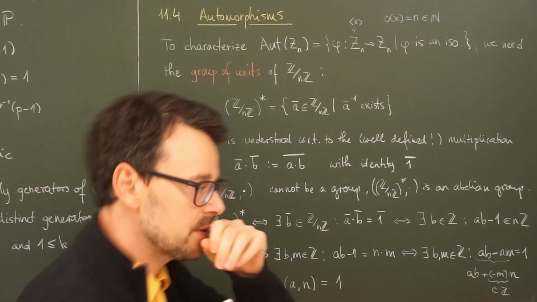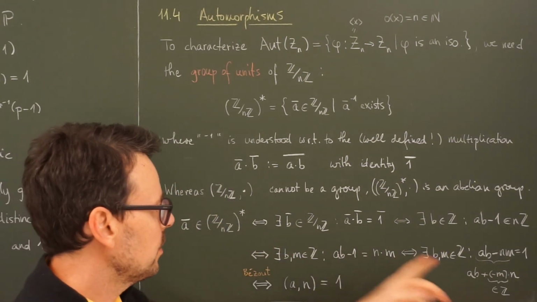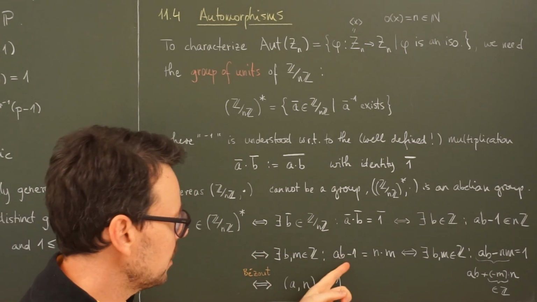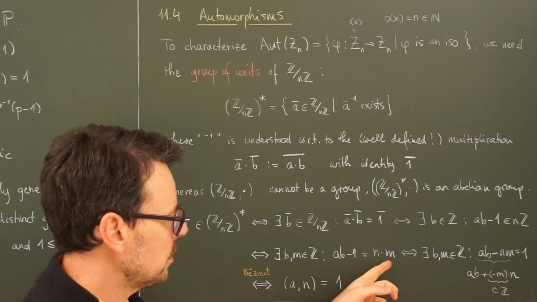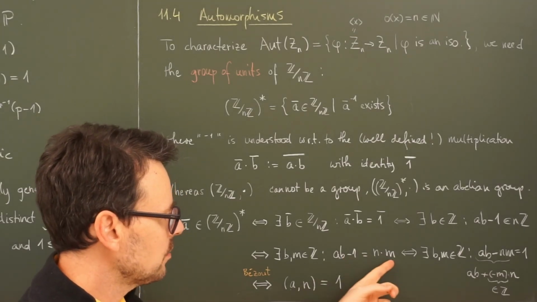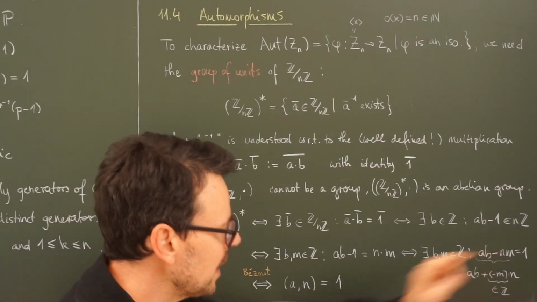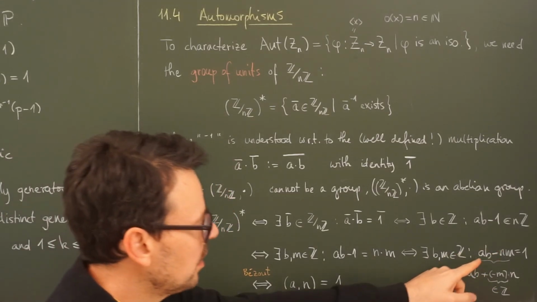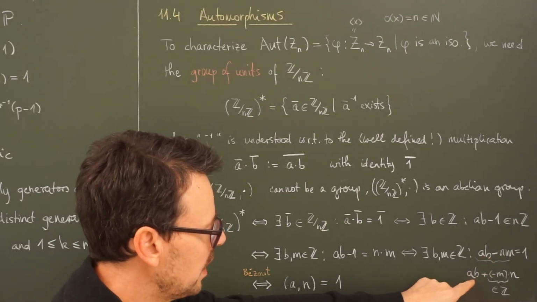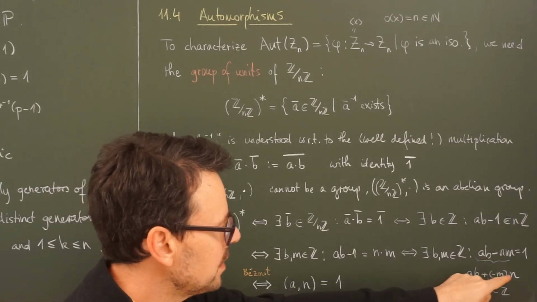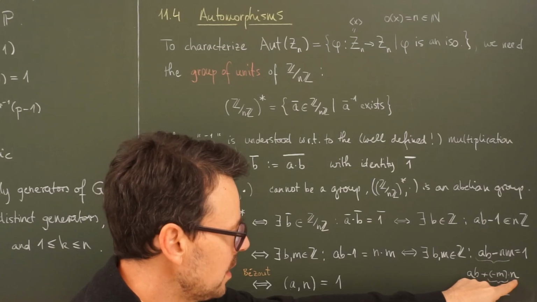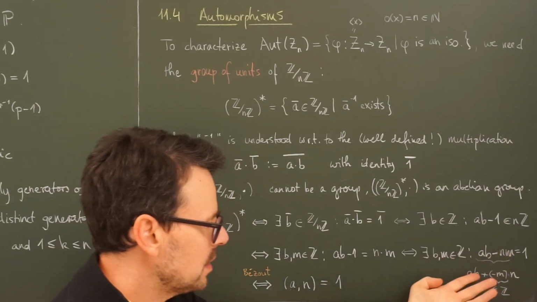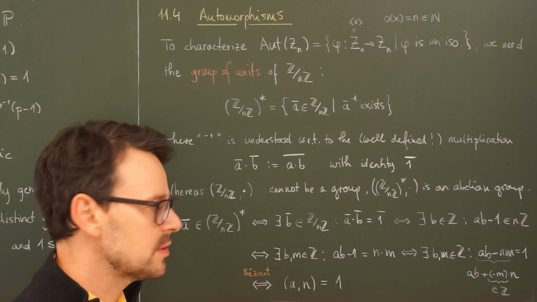Oh, okay, I just realized I made a mistake here. I had a wrong sign. I bring this to the right side of the equation with plus 1, and then here I have minus n times m. But that can be easily fixed, because this here can be written as AB plus minus m times n. And if m is an integer, clearly minus m also is.